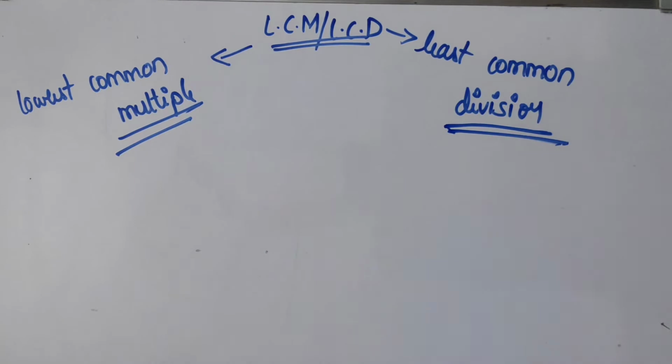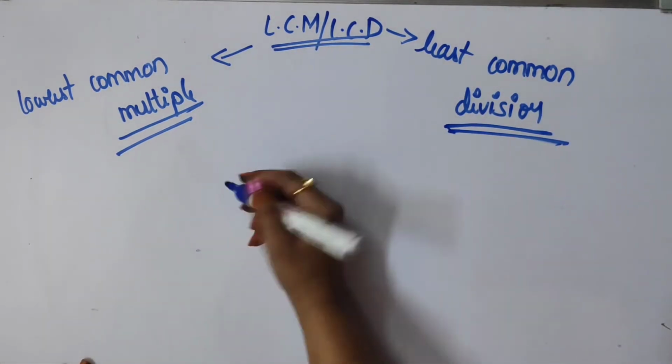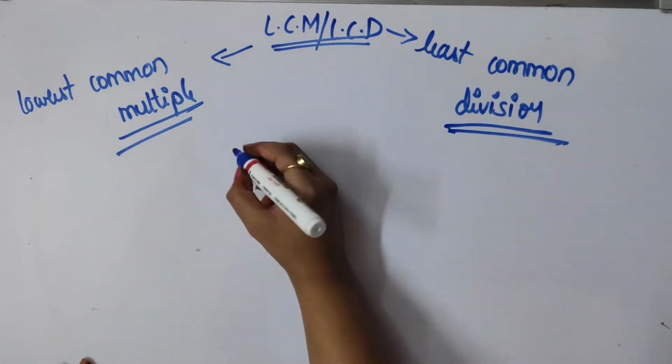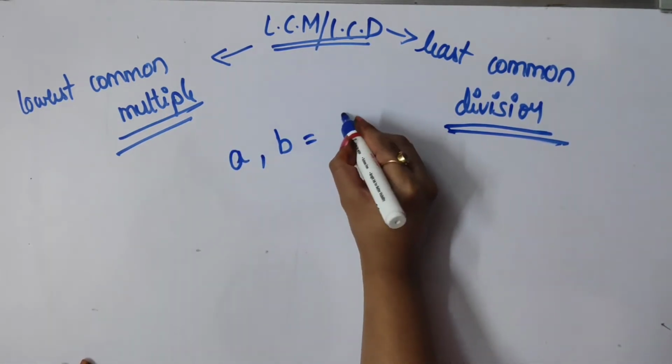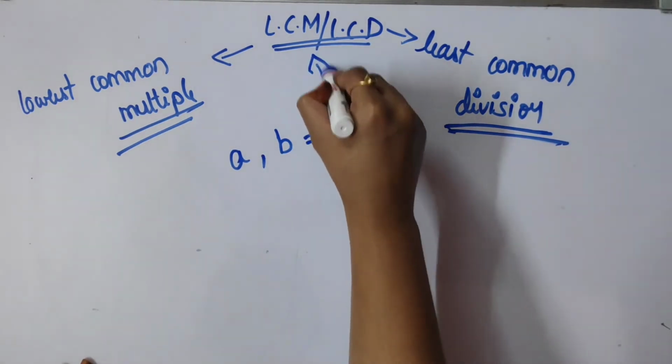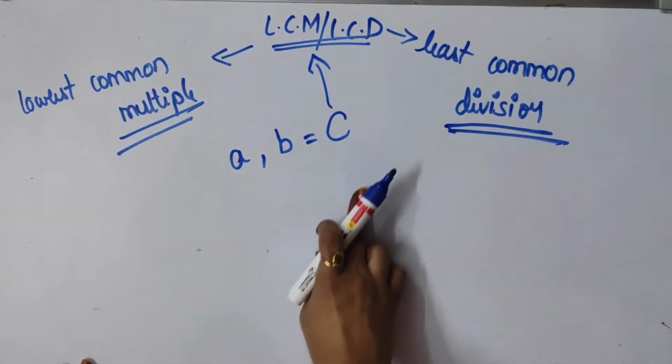Now let's see what the LCM statement says. Let's imagine there are two numbers A and B. Then C is the LCM of these two numbers.